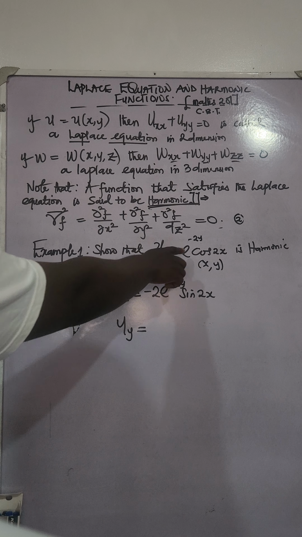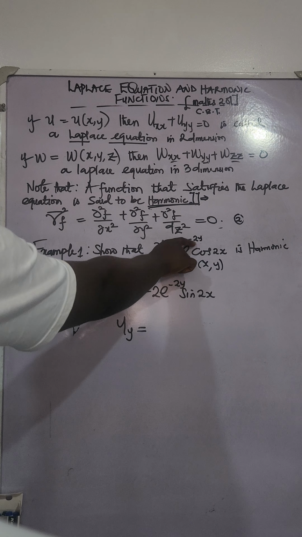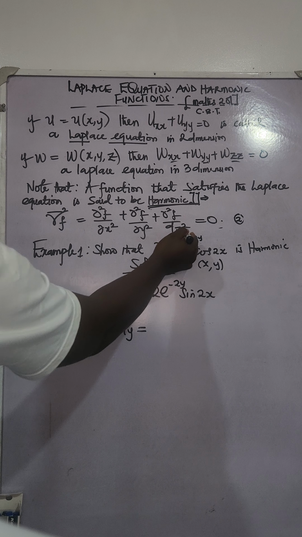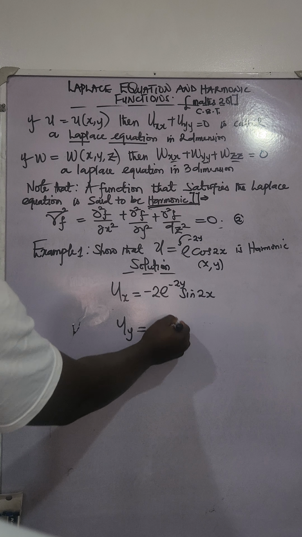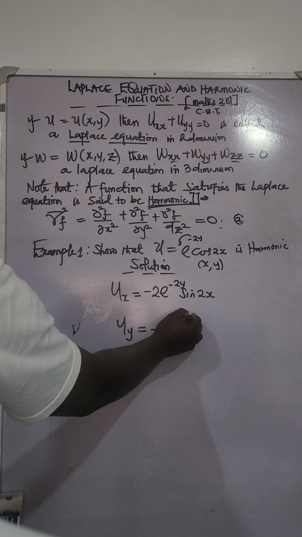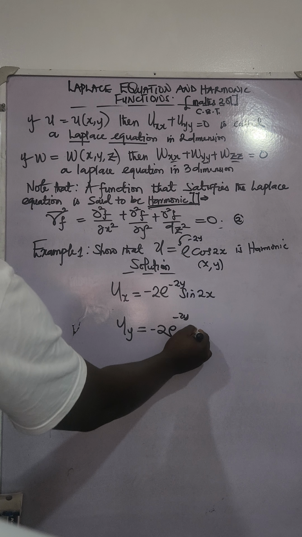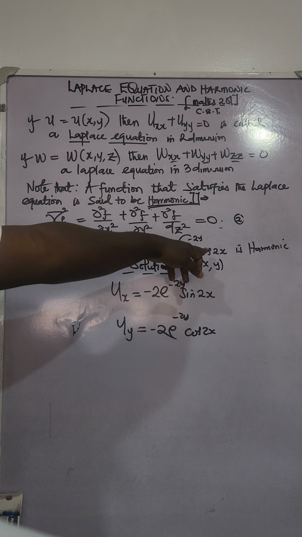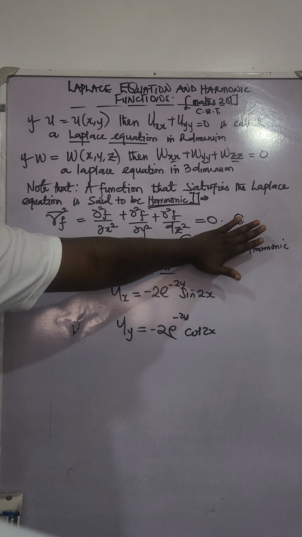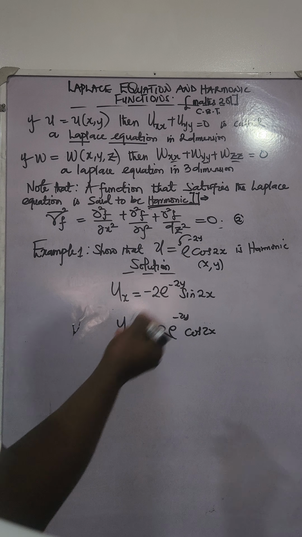And so when you are differentiating, this minus 2 comes down, and we have minus 2 e to the power of minus 2y. Then repeat what is there, cos 2x. Remember, we pretend as if we did not see cos 2x before. We just cover it and then differentiate this part.